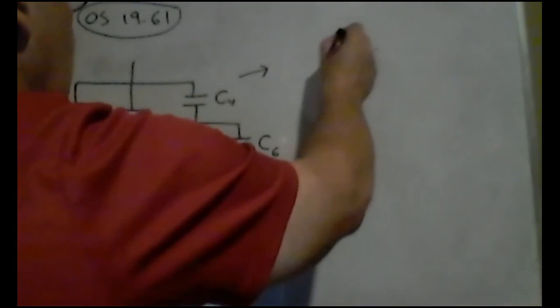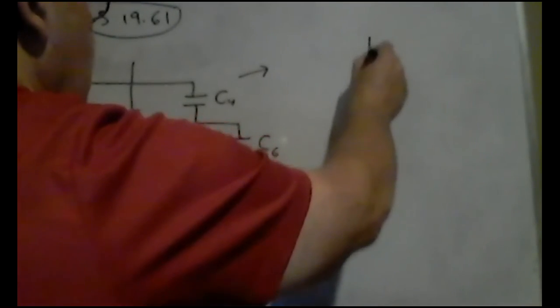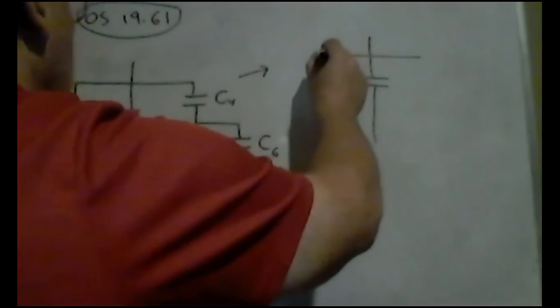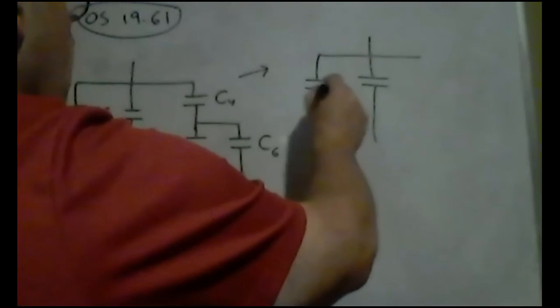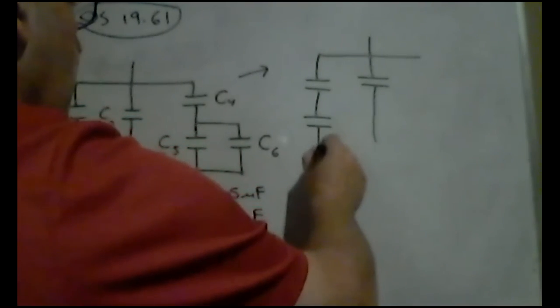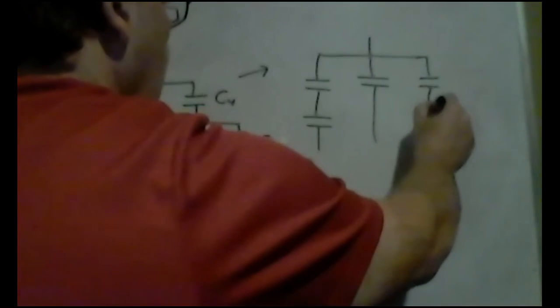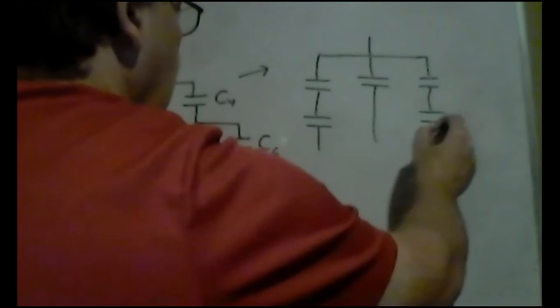So let's make a new equivalent diagram. In that diagram, I'll have my central spine again. And on the left, I'll still have C1 and C2. But here on the right, I'm going to have C4, and I'm going to have what I call C5, 6.